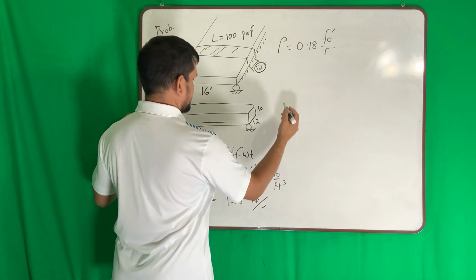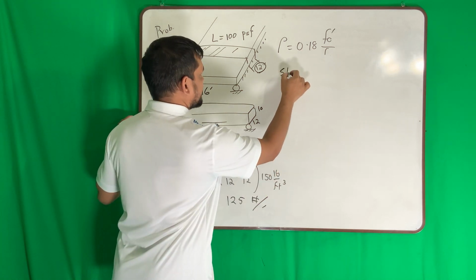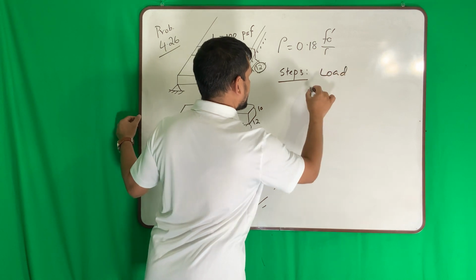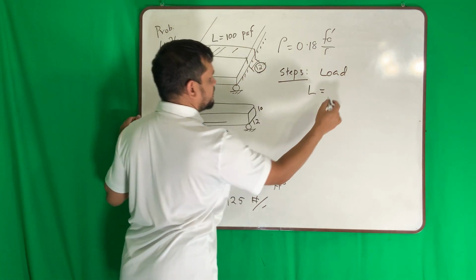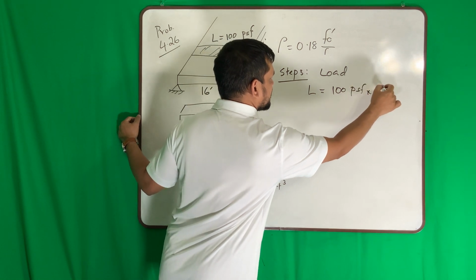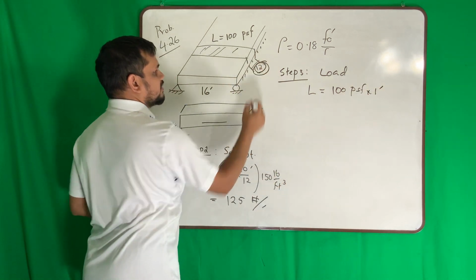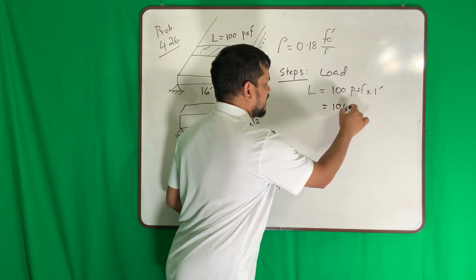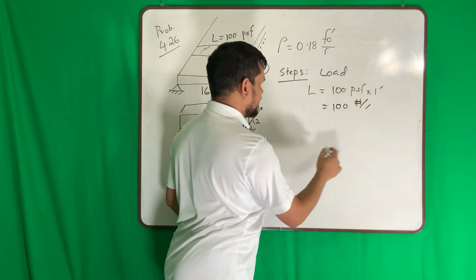Then step number 3, load. What is my live load? 100 psf times 1 feet. Why 1 feet? This is 1 feet that way. So this way I will get 100 pound per feet.